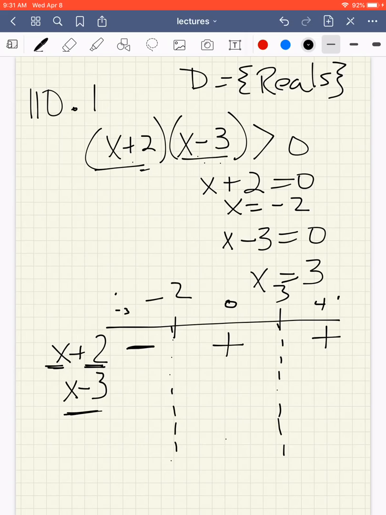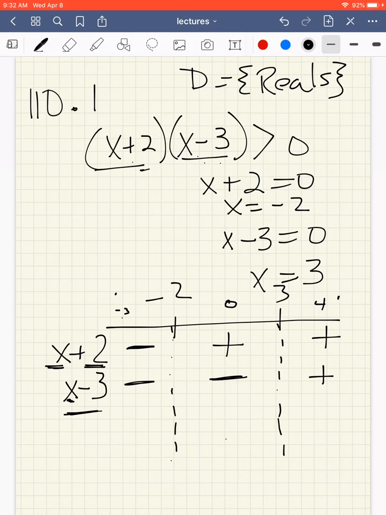Use those same numbers. -3 minus 3 would be -6, so put down the negative. Go to 0. 0 minus 3 is -3, so put down the negative. Go to the 4. 4 minus 3 is a +1.